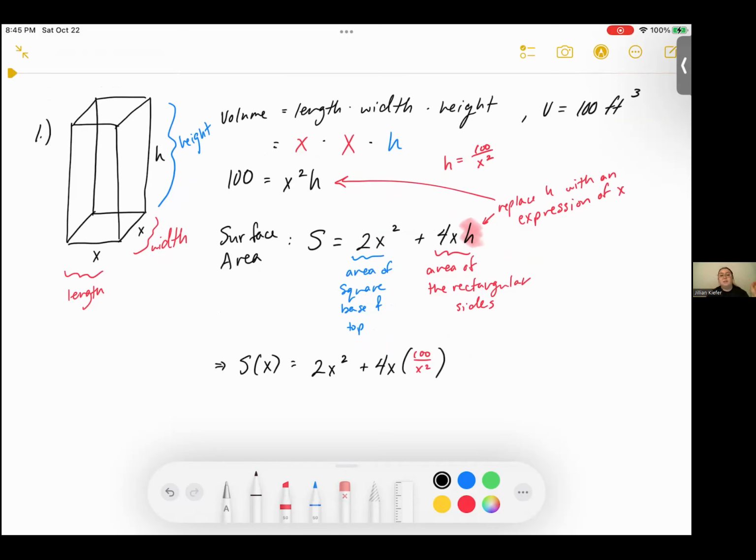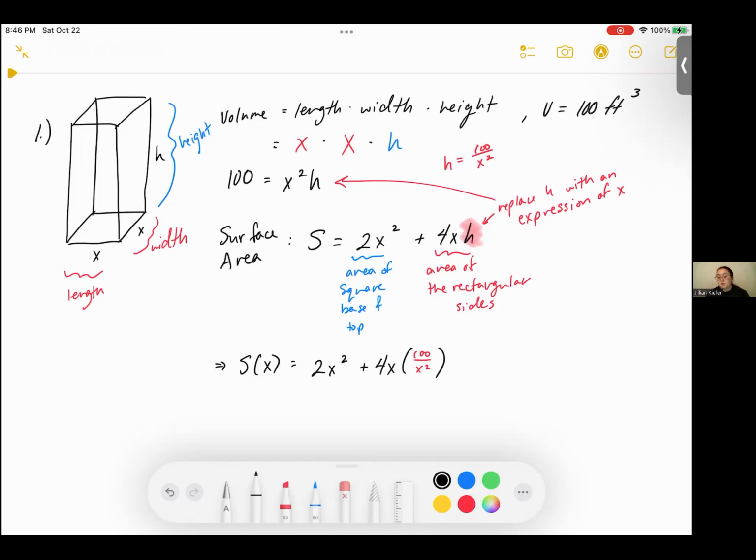So we now have surface area in terms of x, but we do want to simplify. When it comes down to an exam, you always want to simplify if it is easy. If it's going to be incredibly complicated to try and simplify something, it's probably okay and you can leave it as is. But if it's easy to simplify something, you absolutely should be simplifying it.